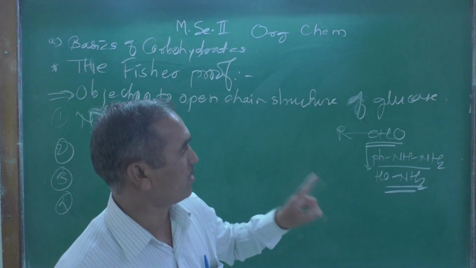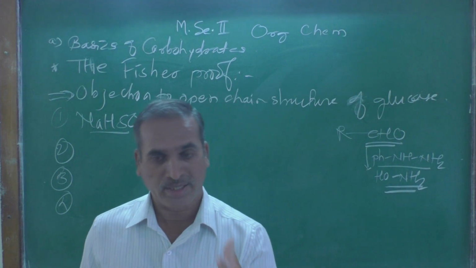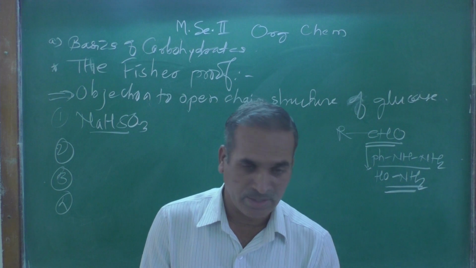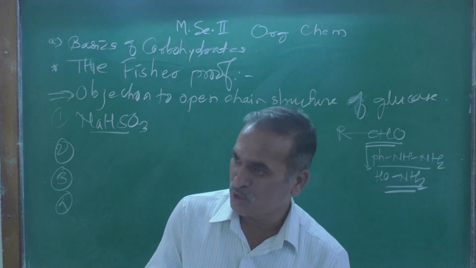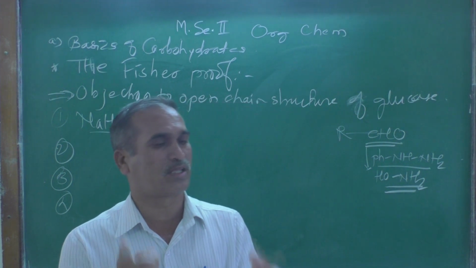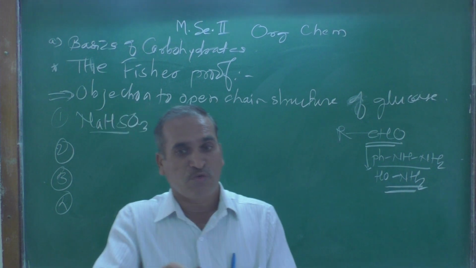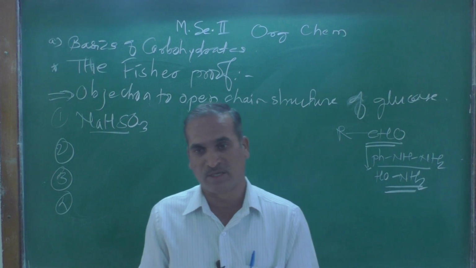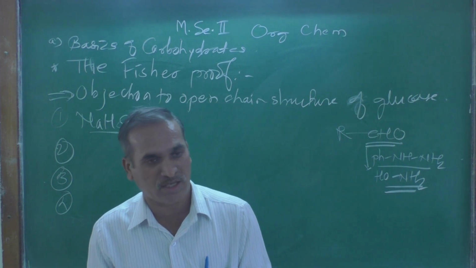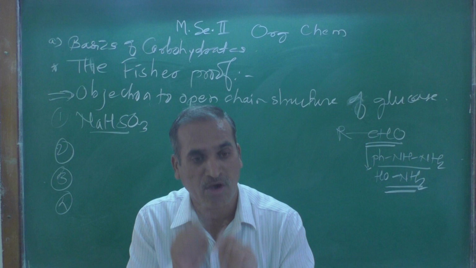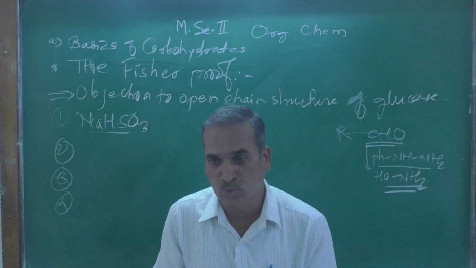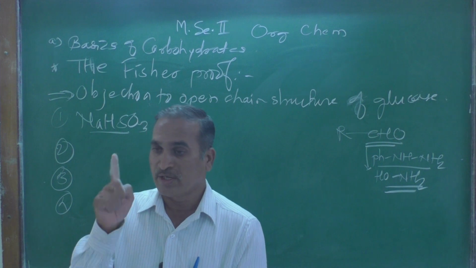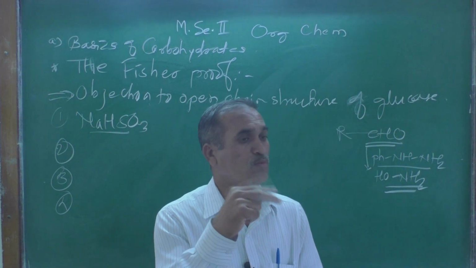Generally, when an aldehyde reacts with any alcohol, it forms an acetal derivative. If glucose had a free aldehyde group, it should react with 2 moles of alcohol.